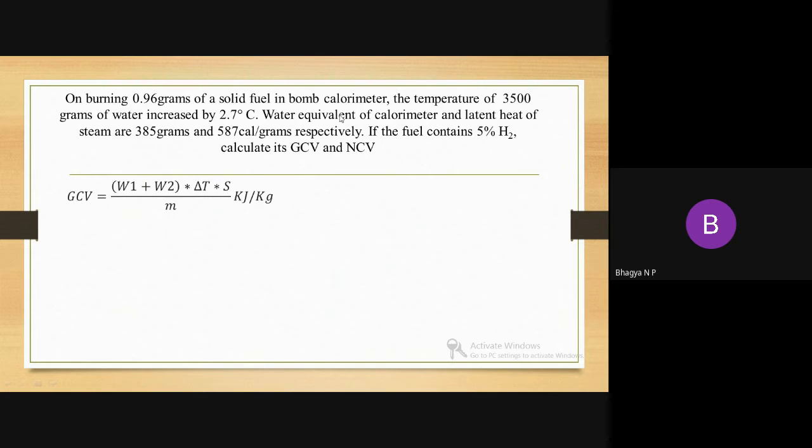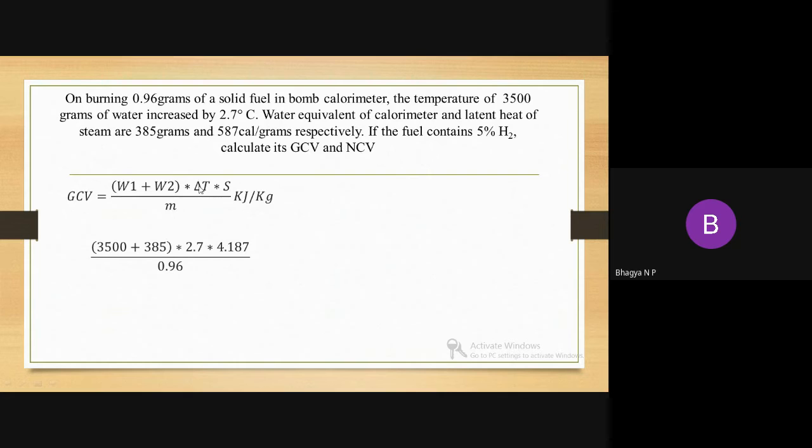So in the given problem, all the data is clearly given. Then substitute those data. W1 is the amount of water present, so what is that value? 3500. W2 is the water equivalent of the calorimeter, that is 385.